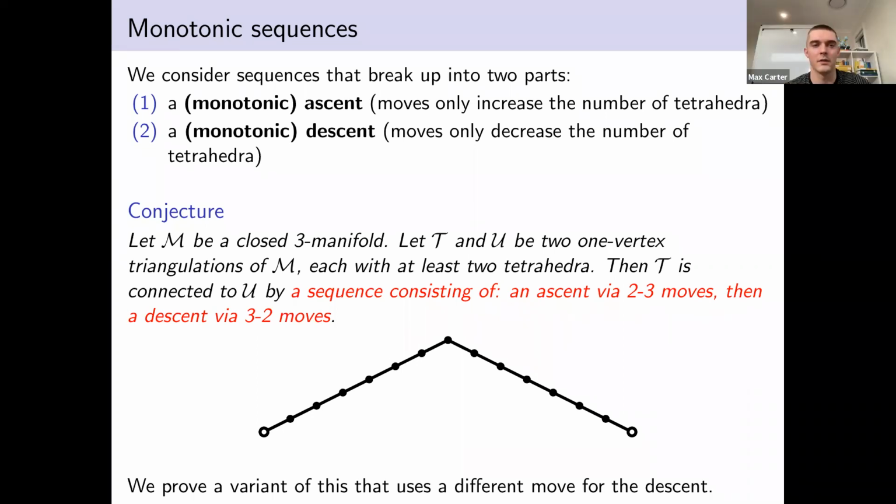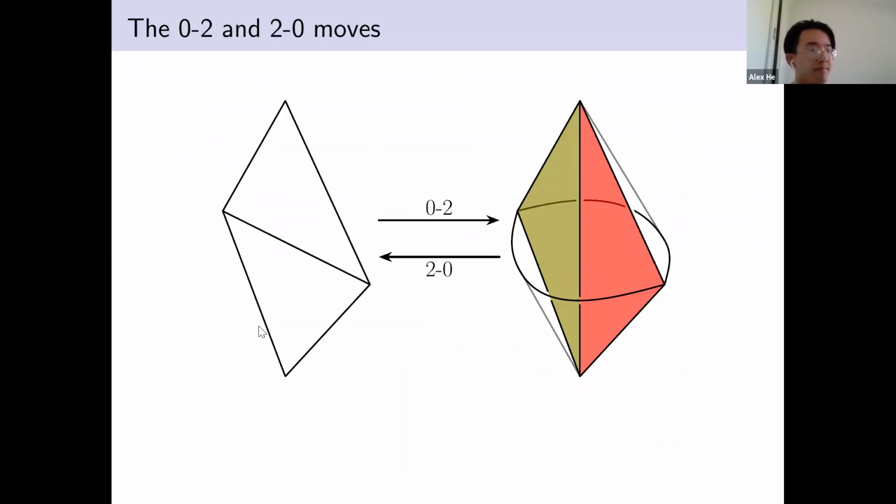Is the Pachner graph ever a tree? Probably not, because I'm pretty sure you could construct sequences that are a loop pretty easily. That's probably a naive question.